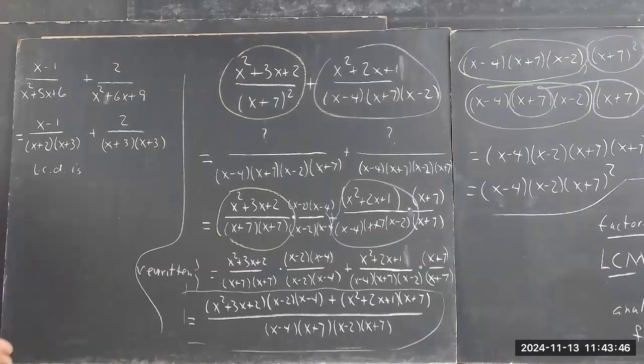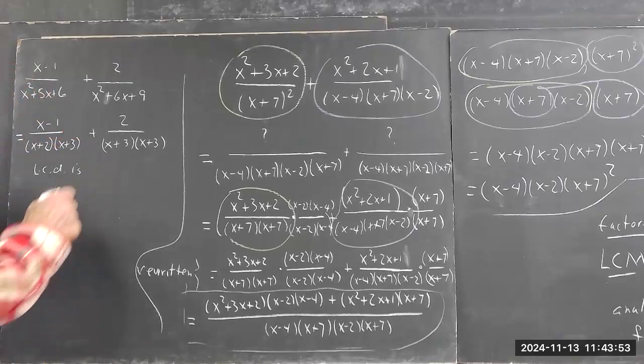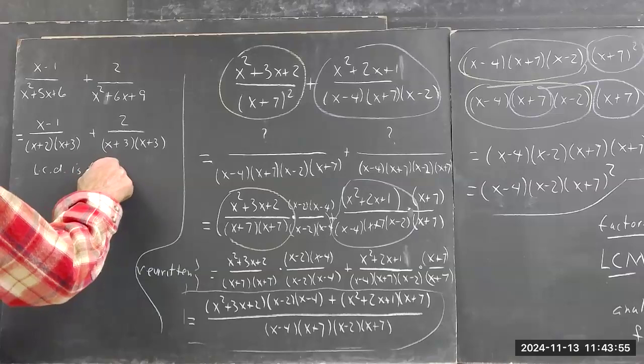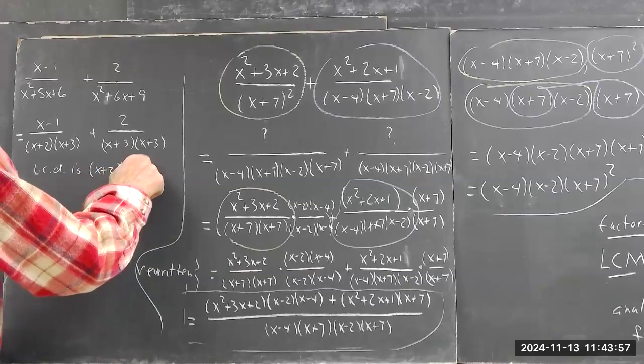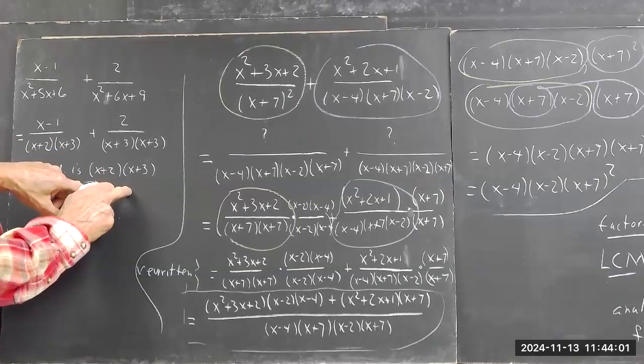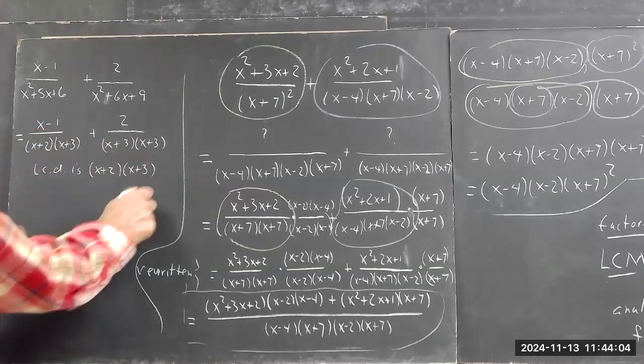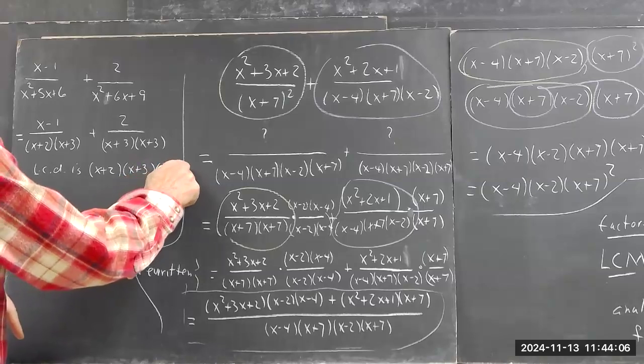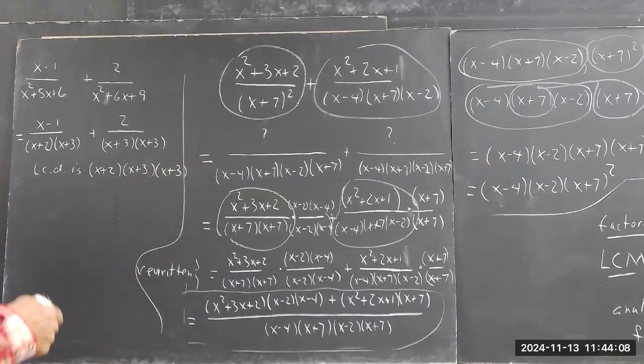So we can continue. Now, first of all, everybody correctly identified the least common denominator. We start out with the x plus 2 times x plus 3, which contains this denominator, but it doesn't quite contain this denominator because we need another x plus 3. All right.